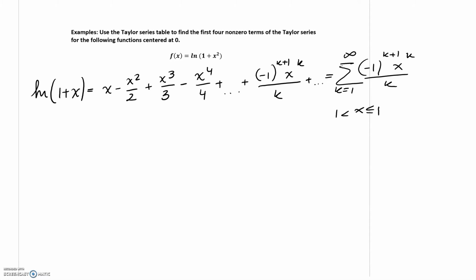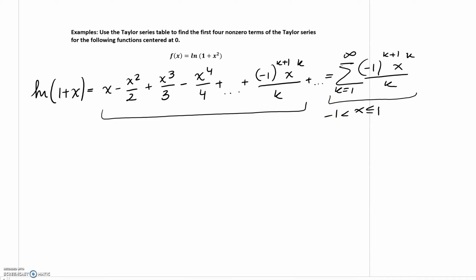From the table, I wrote that ln of 1 plus x can be written as a Taylor series centered at 0, as a Maclaurin series, the way you see here. So these are the terms, and then the summation notation where x is between 1 and -1, including 1.